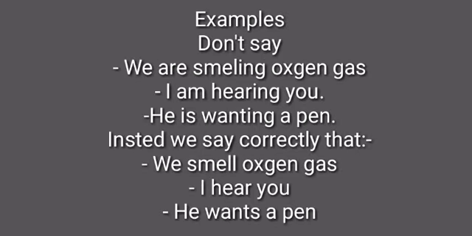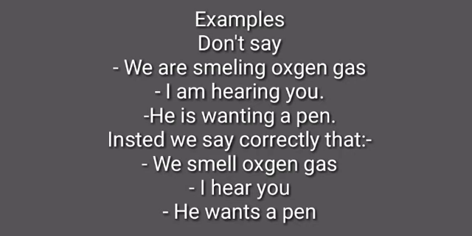Examples. Don't say the following sentences. We are smelling oxygen gas. This is not correct. You cannot say smelling; it does not go with the auxiliary verb are, it cannot be in ing form. I am hearing you. No, this is wrong. He is wanting a pen. This is wrong.